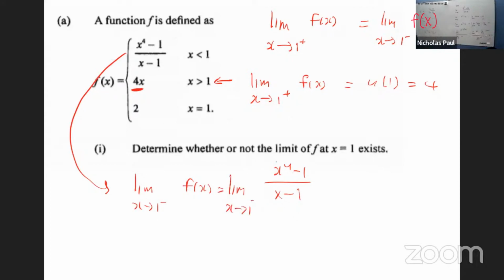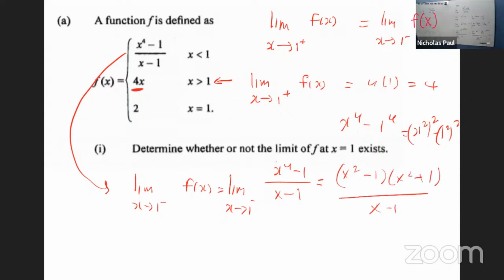Look at that, difference of 2 squares. So you could factorize that. x to the 4th minus 1 to the 4th is the same as x squared squared minus 1 squared squared. So you'll end up with x squared minus 1 by x squared plus 1. So you still have to remember your Form 5 expansions. So you'll get x minus 1, x plus 1, all over x minus 1.